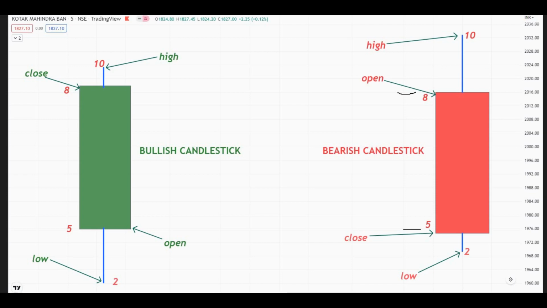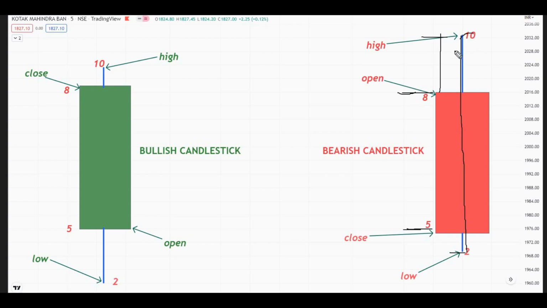During the course of the day, prices opened around 8 rupees, but first moved up and made a high of 10 rupees, then sharply rejected and moved towards the downside, then made a low of 2 rupees, but at the end of the day closed around 5 rupees.